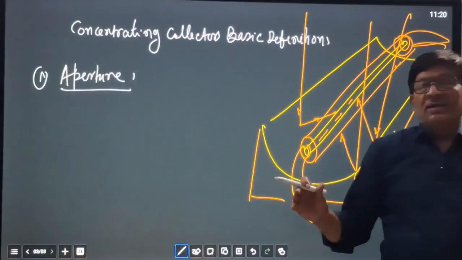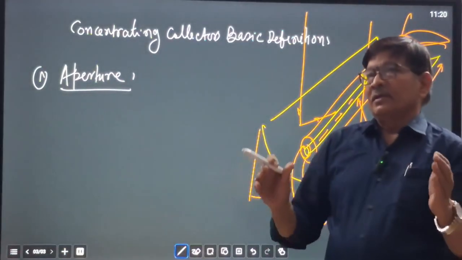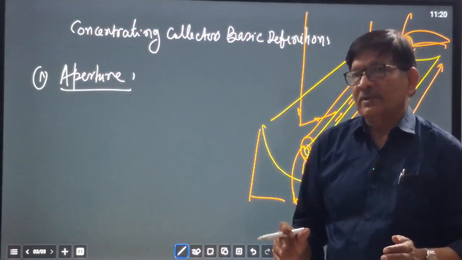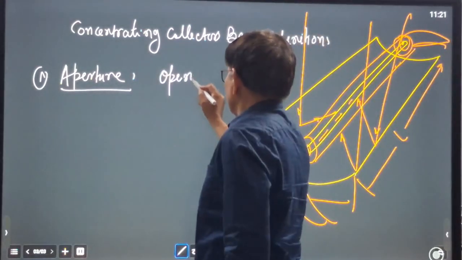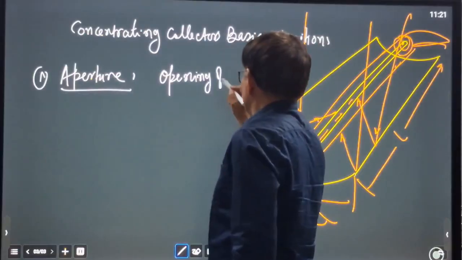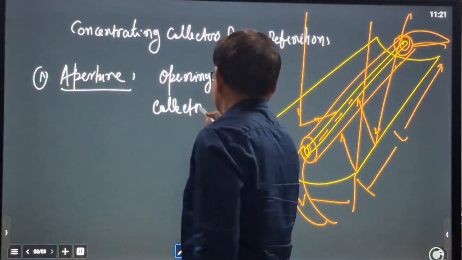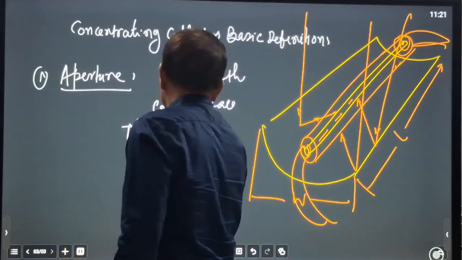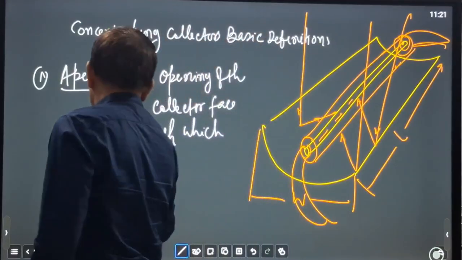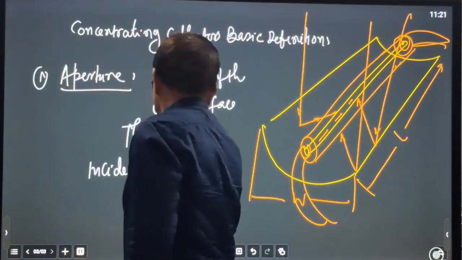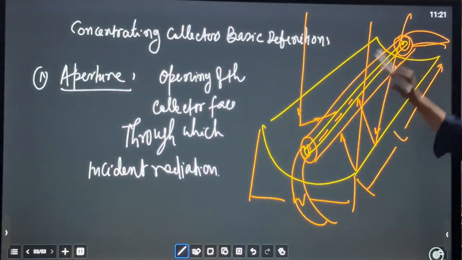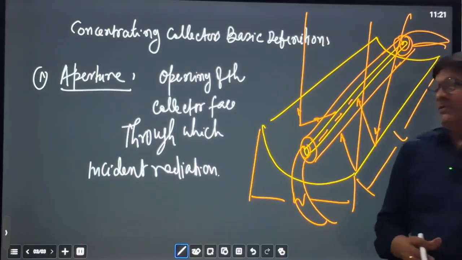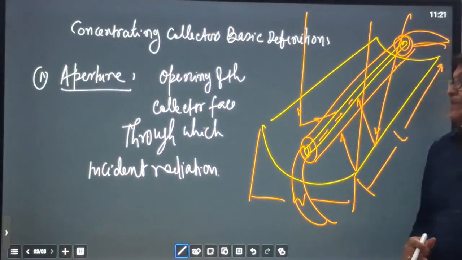The higher the opening, the higher the incident radiation coming to the surface. This is known as the opening of the collector face through which incident radiation comes to the surface. If there is no opening, radiation will not come. This is known as aperture.